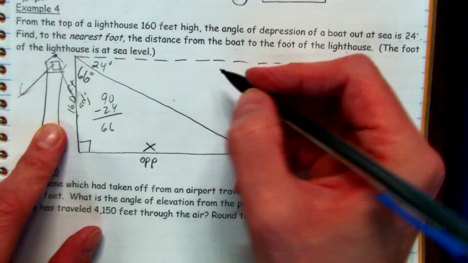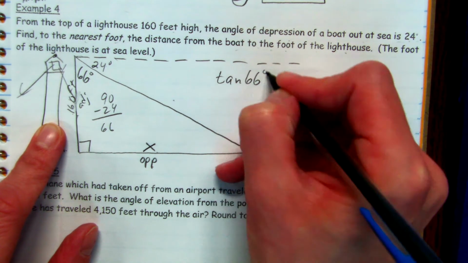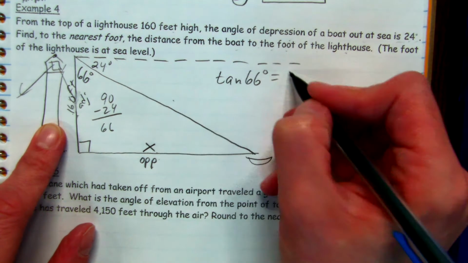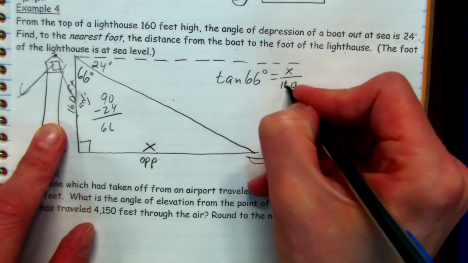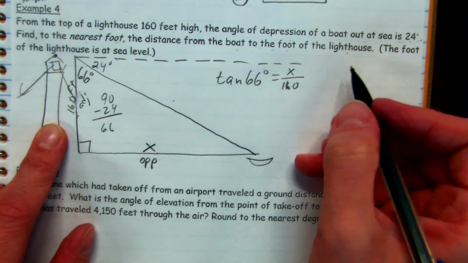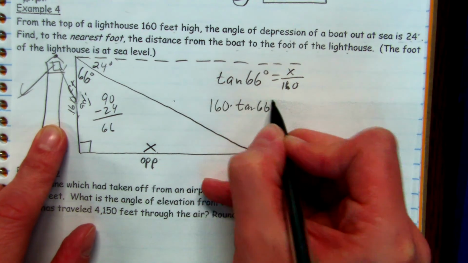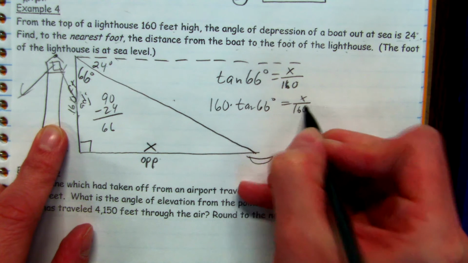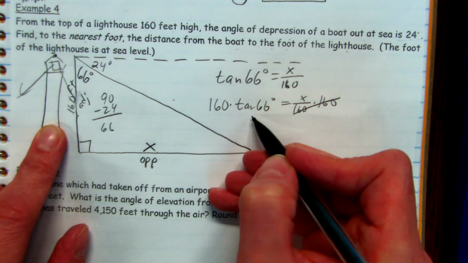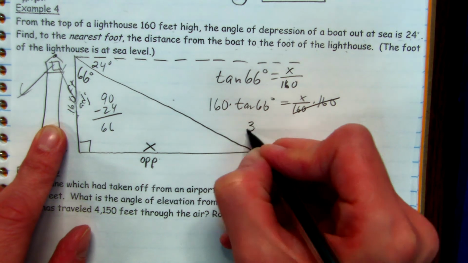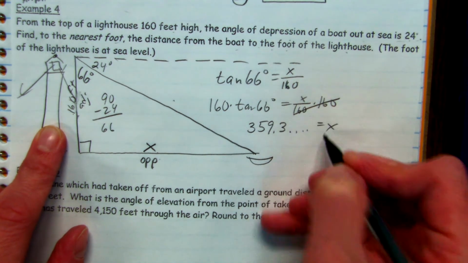Which trig function is that? Tangent, because we have the TOA in SOHCAHTOA. So tangent of 66 degrees is opposite over adjacent, so x over 160. All right, how do we solve that? Multiply both sides by 160. So I take the left side times 160, and the right side times 160, which cancels this out, and then I just put this into my calculator, which comes out about 359.3 and so on.